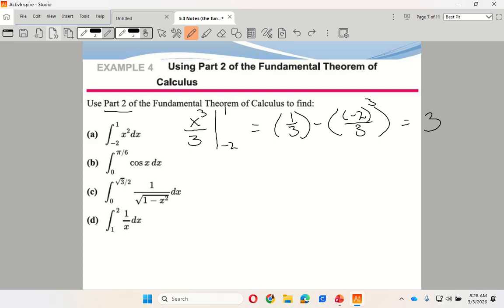All right, next one. What is the integration of cosine? Sine.